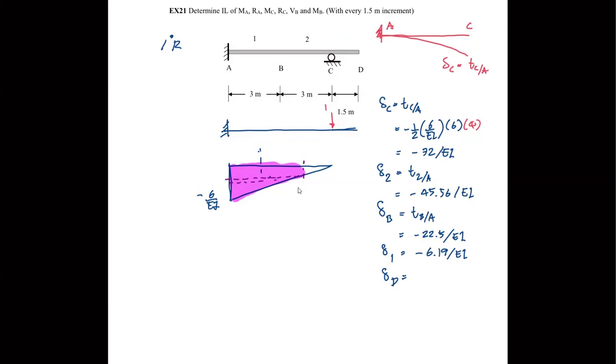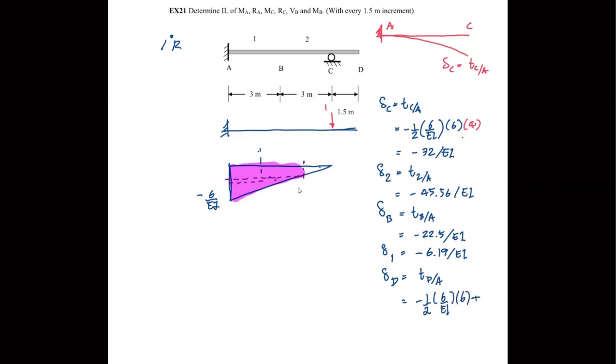And simply it is, let me show you, T DA, which is essentially this triangle again. 6 over EI as the height, multiplied by the base.